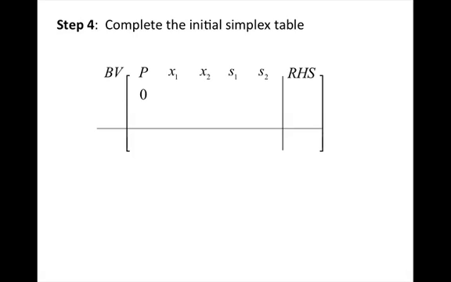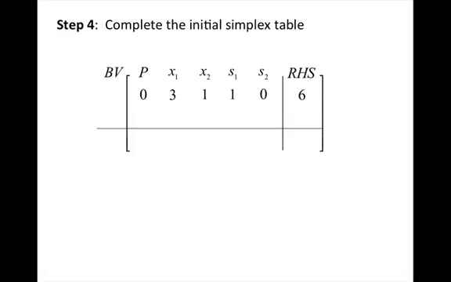So if I look at my first equation, it did not have a P, so the P is 0. The x sub 1 coefficient was a 3. The x sub 2 coefficient was a 1. It had an S1 and its coefficient was a 1. It did not have an S2, so I put a 0 there, and it equaled 6.